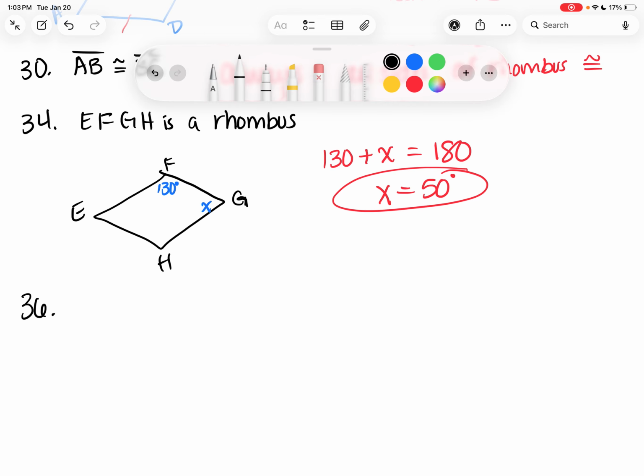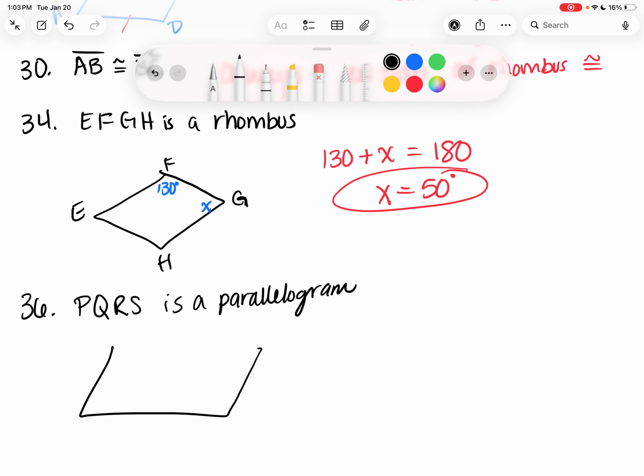36. PQRS is a parallelogram. And it has the diagonals drawn in for you.